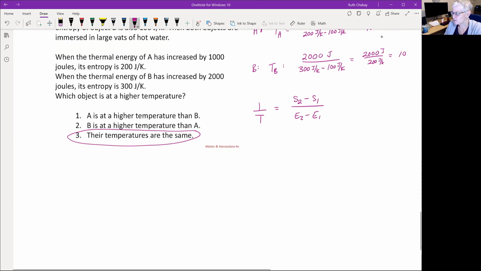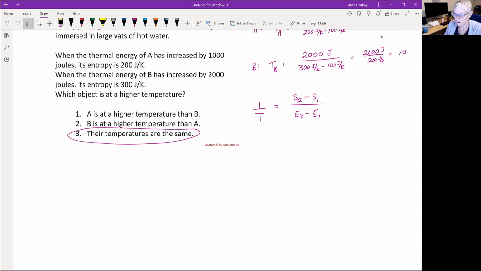So as those people who came to recitation on Tuesday found, to calculate the temperature of something, you need a change in energy, and you need a change in entropy.